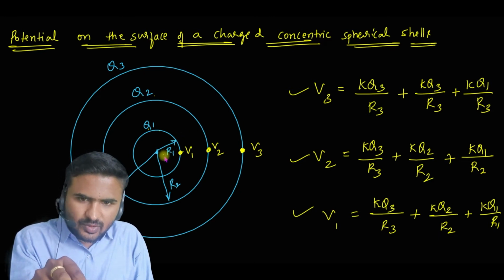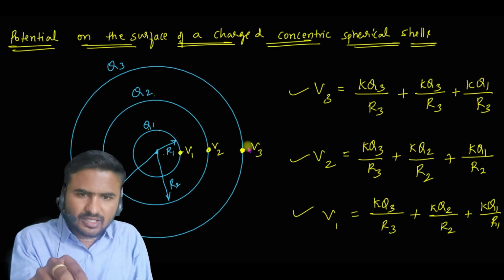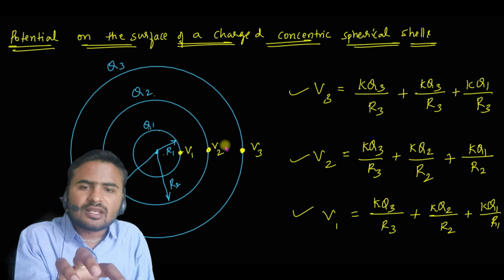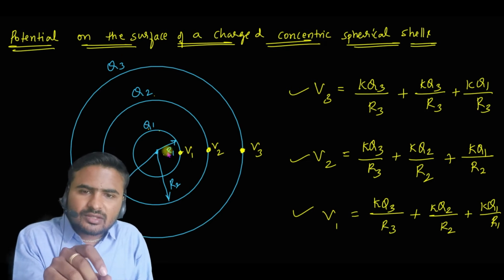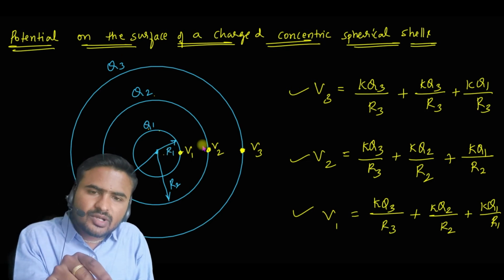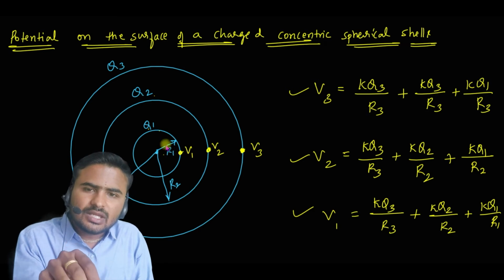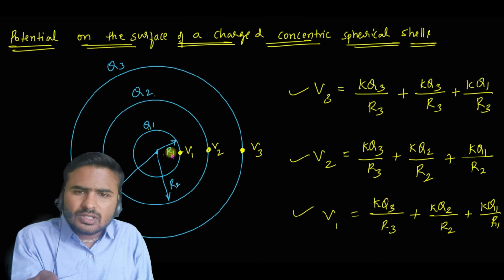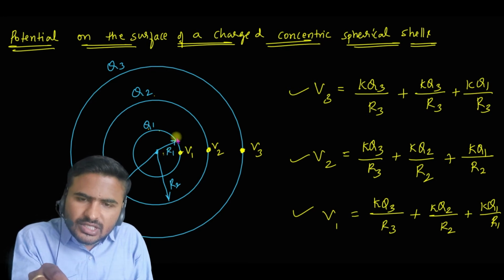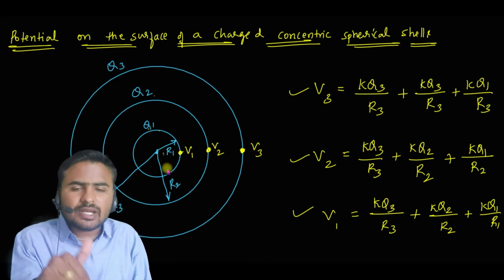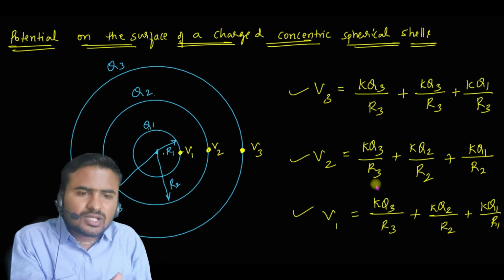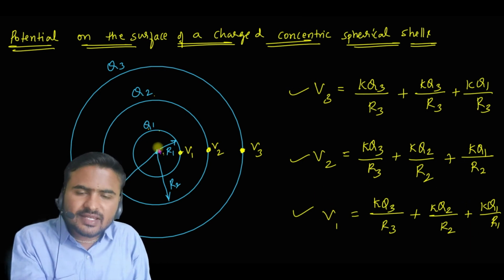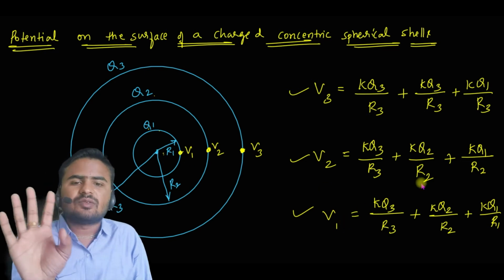At this point the potential due to the outermost spherical shell carrying a charge q3 will be kq3 by r3, the potential due to the second spherical shell will be kq2 by r2, and the potential due to the charge on the innermost sphere is kq1 by r1. If you add all these things, it is V1. So the potential everywhere inside the innermost spherical shell is V1.